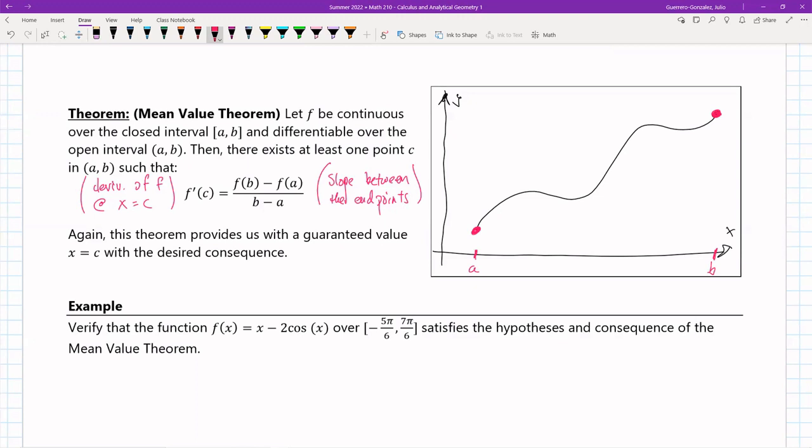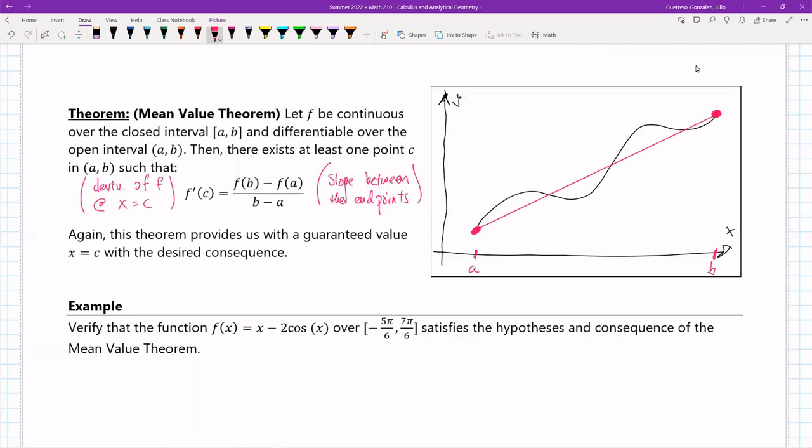So the first thing I'm going to do is stick in the right-hand side. The right-hand side dictates that I get to draw a line between these two points. I'm going to draw it as best as possible, like that. There we go.